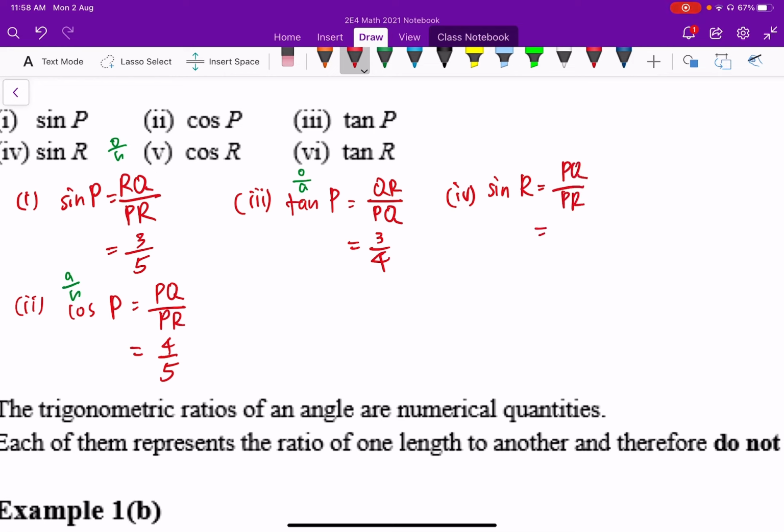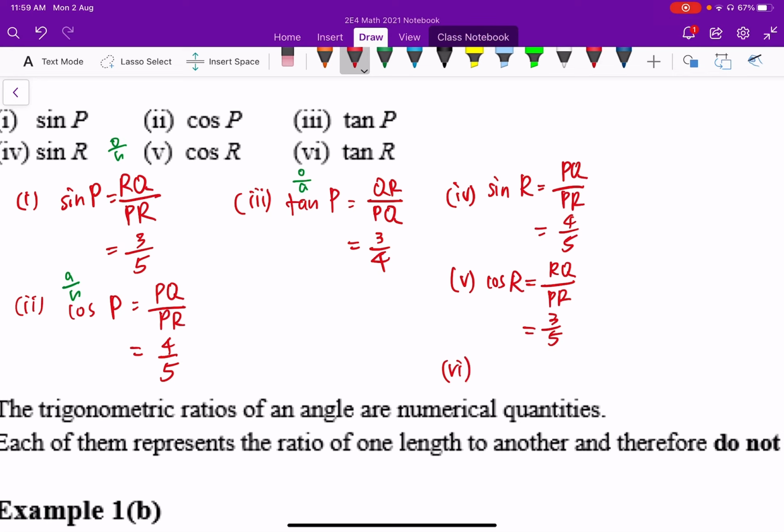The PR remains unchanged because the hypotenuse is fixed, right? It is the longer side and is always opposite my 90 degree. Then as for the next one, cosine R is RQ over PR. This will be 3 over 5.